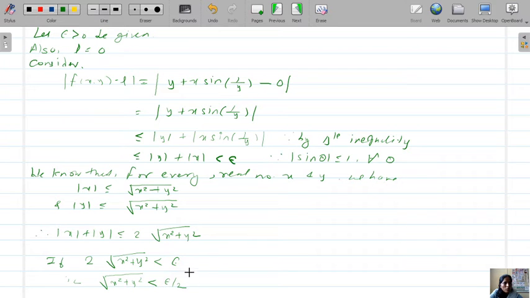And if you choose delta equal to this term epsilon by 2, then for this delta obviously this quantity is strictly less than epsilon by 2, and this quantity is also strictly less than epsilon by 2, and if you choose this epsilon by 2 equal to delta, so directly you can say that mod x is strictly less than delta, again mod y is strictly less than delta. I am going to erase this, we don't need it here.